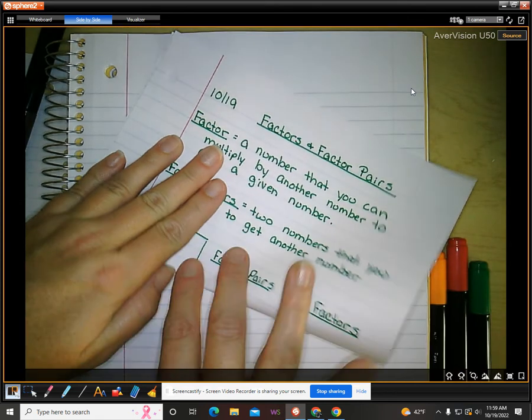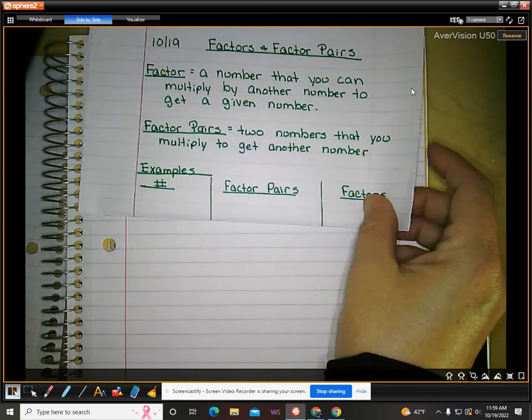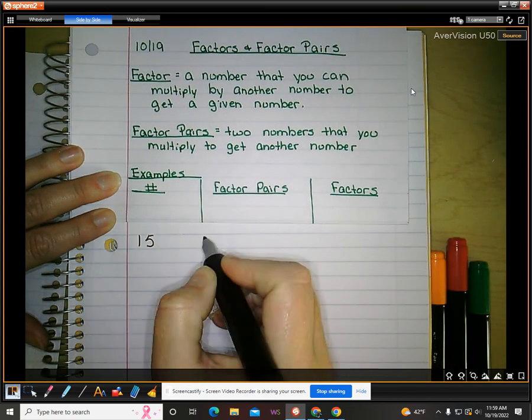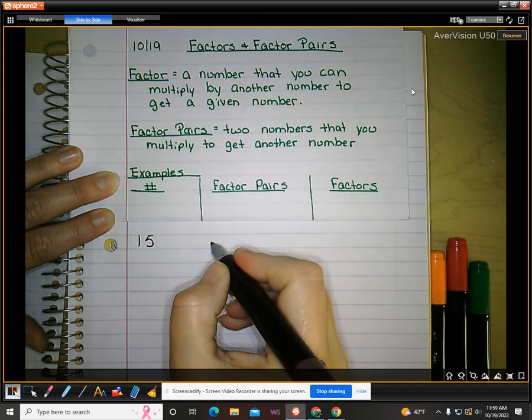Trying not to write the same notes 4 times every day. All right, so the number 15. What can we multiply, factor pairs, to get 15?